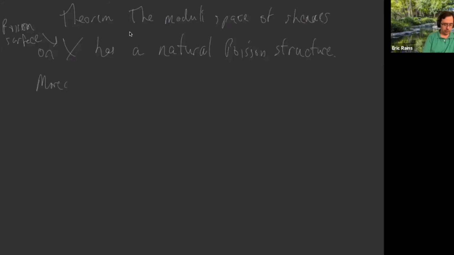Moreover, one thing that happens in differential geometry, you can talk about Poisson structures in differential geometry. That's where they came from originally. And one thing you get from a Poisson structure is this alternating pairing on the cotangent sheaf.